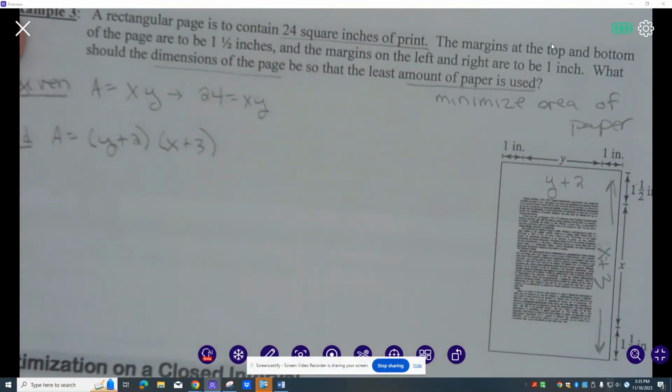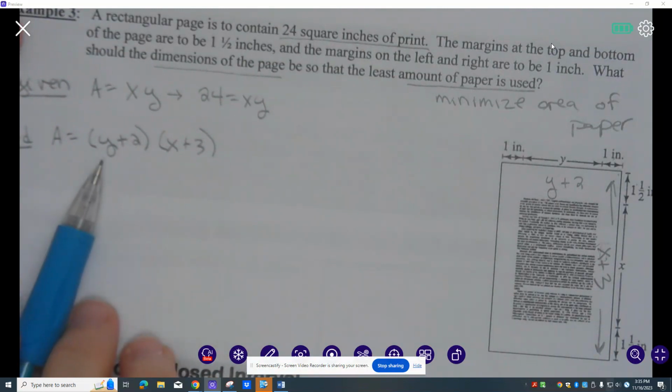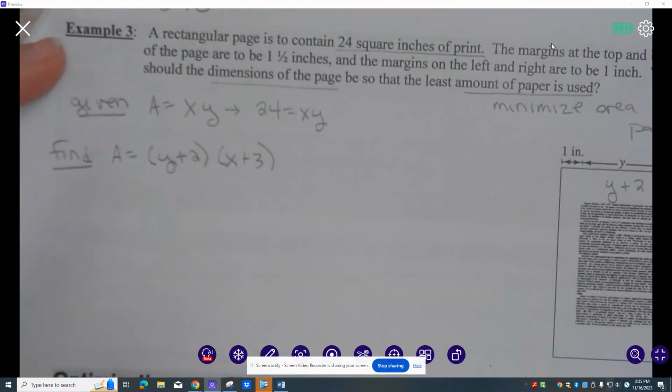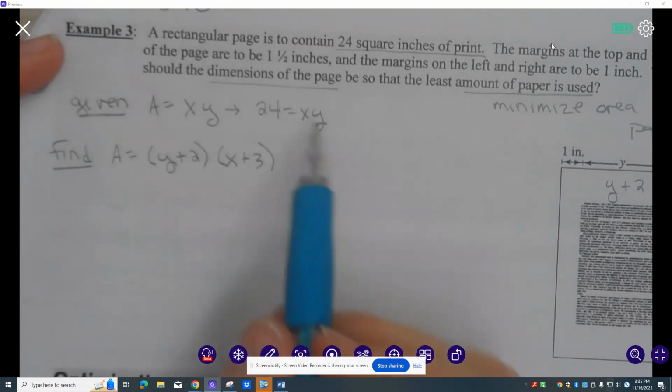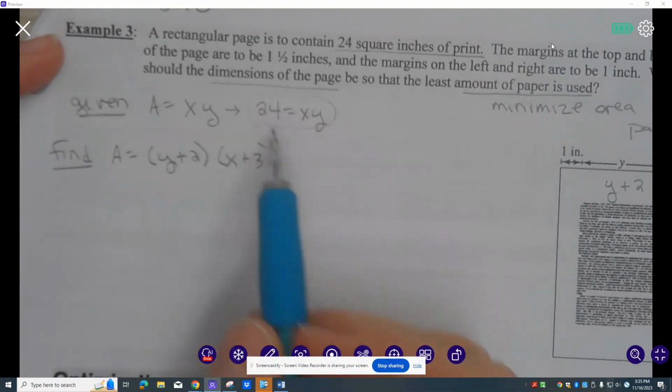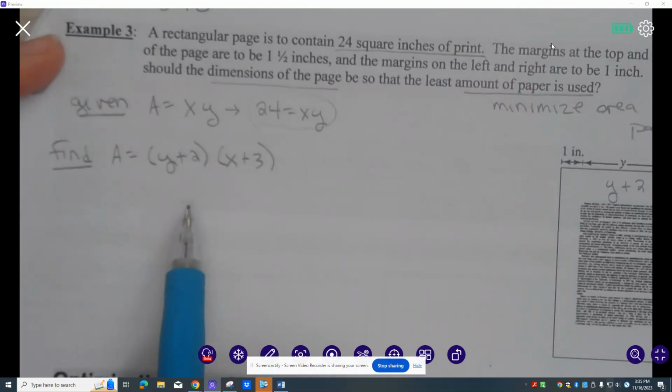So this is what I'm trying to find, the minimum of this function. And remember, we want to have this function be with respect to a single variable. I'm going to use the given to get a single variable.